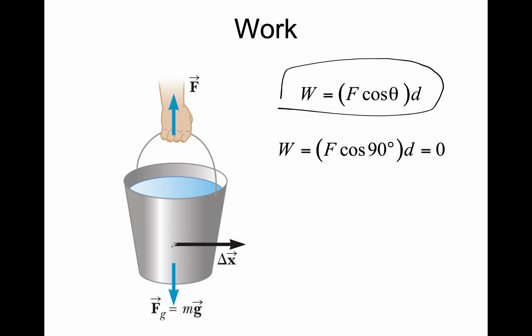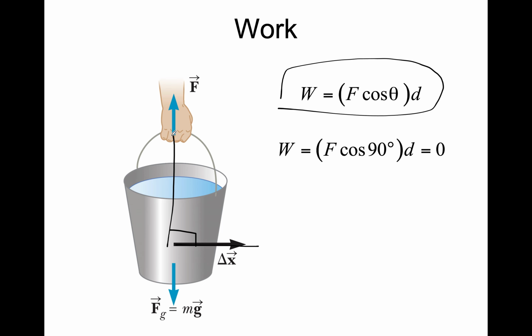For example, if we hold a bucket of water and move it in the horizontal direction, what would be the work done by the force that we hold the bucket with, pointing up? Then we need to examine the angle between this force and the displacement.